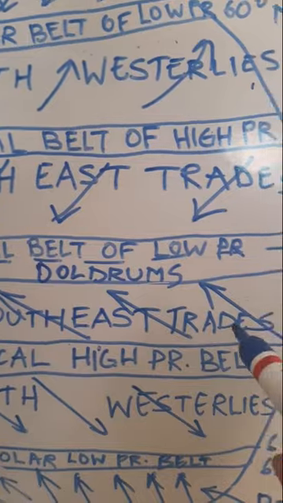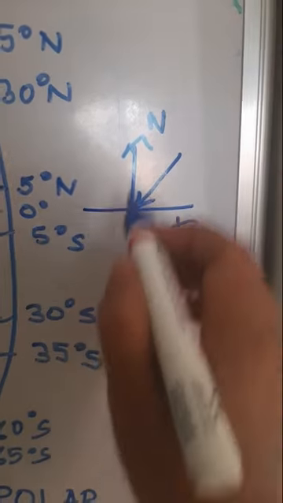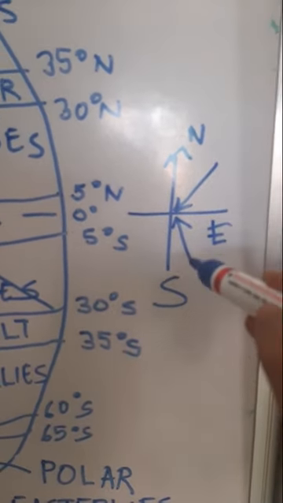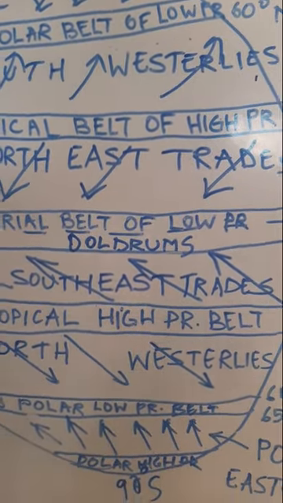Here in case of southeast trades, children, the wind is blowing in this direction. So this is north, this is south. The wind is blowing in this direction, that is in southeast direction. So the name is southeast trades.